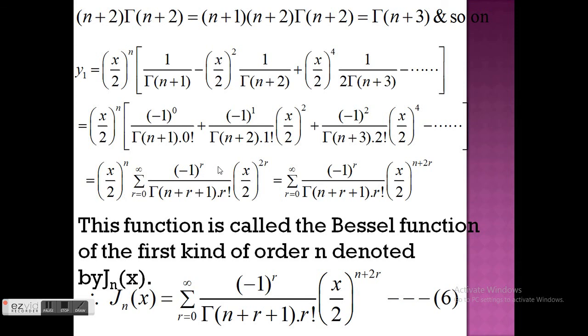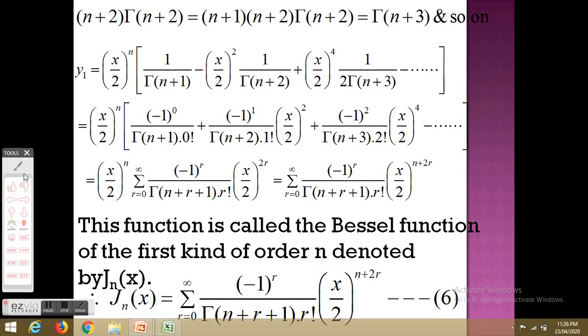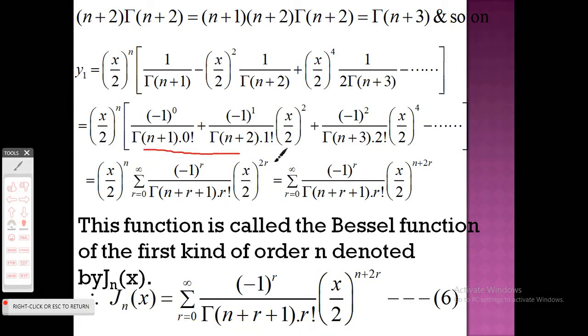Now (x/2)^n, this is the expansion form of summation r equals 0 to infinity of minus 1 to the power r, because here we have minus 1 power 0, minus 1 power 1, minus 1 power 2. So I generalize as minus 1 to the power r, r equals 0 to infinity, by Γ(n+1), Γ(n+2), Γ(n+3), the next term will be Γ(n+4). So let me take it as Γ(n+r+1) for r equals 0 to infinity, into 0 factorial, 1 factorial, 2 factorial, let me write it as r factorial.